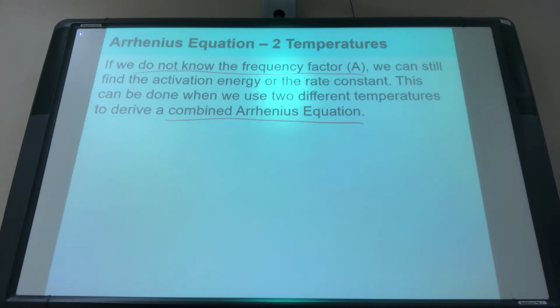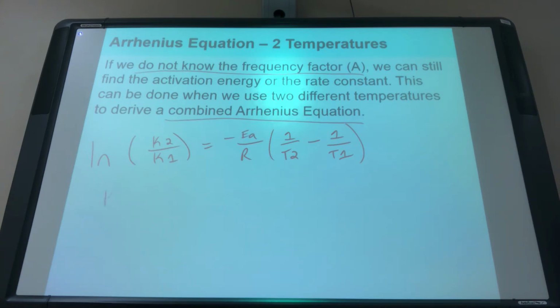And so what we want to do is have the activation energy rewritten so that I can solve for it without having to have A. So this is the combined Arrhenius equation, and it looks very similar to your Clausius-Clapeyron equation, where instead of K's it was P's. Those were P's, and this was your enthalpy, and then the rest was actually the same.